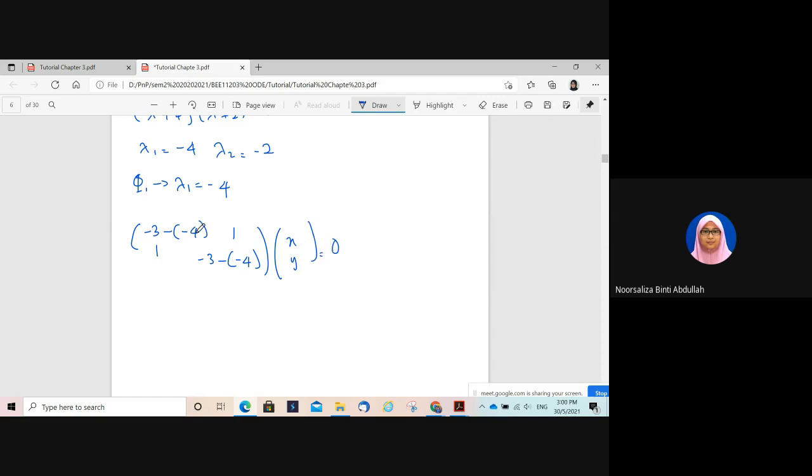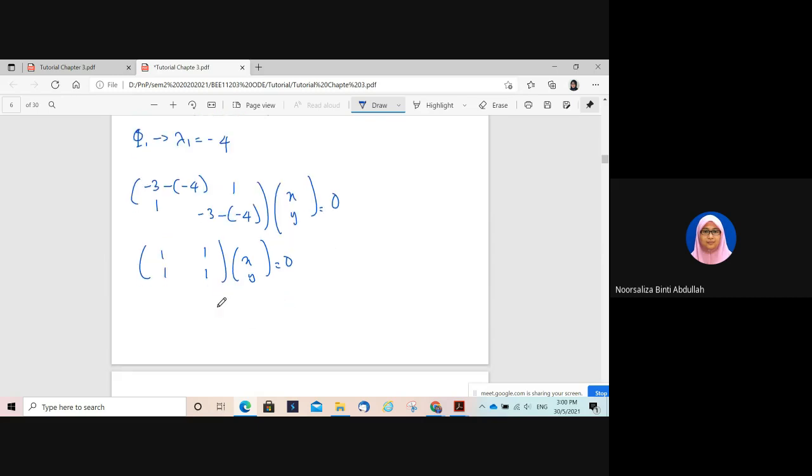Minus 3 plus 1 is 1, 1, 1, 1, x, y equals to 0. Now we have x plus y equals to 0. So let's say x equals to s, then y will equals to minus s.